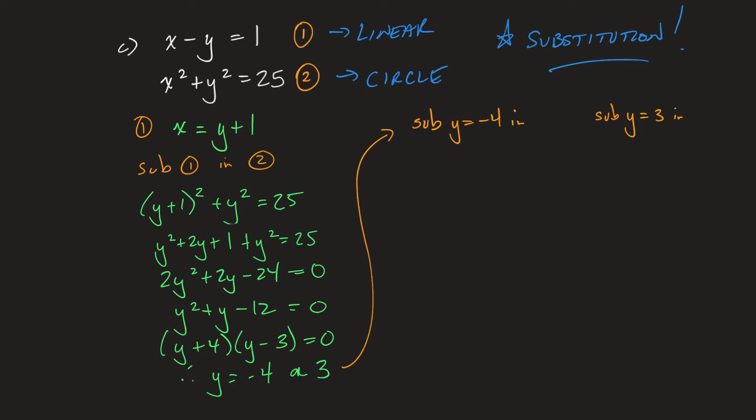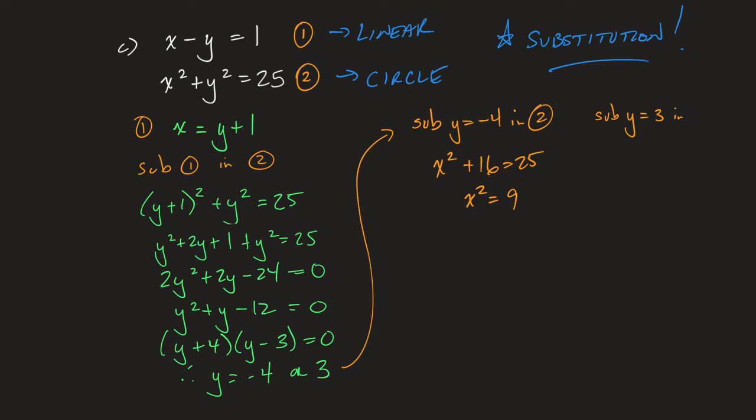So I don't want you to copy this next part down. Do not. I'm going to take that y value and sub it into equation 2. So I'm going to sub y equals -4 into equation 2. When I do that, I'm going to have this equation, of which I can solve for x.